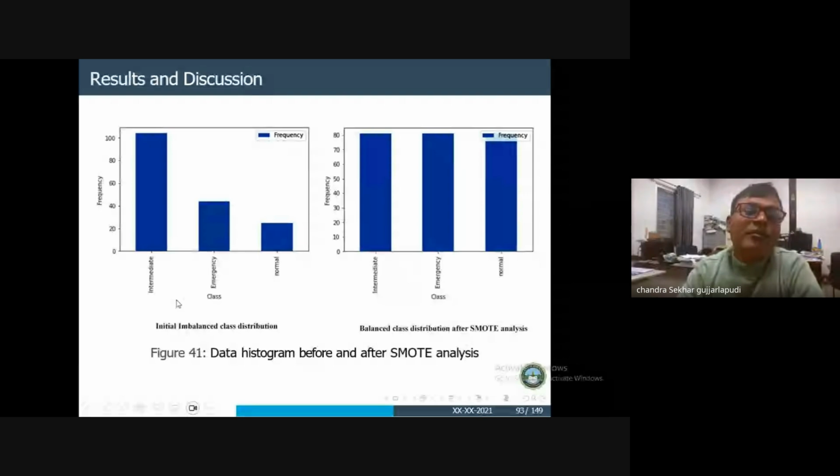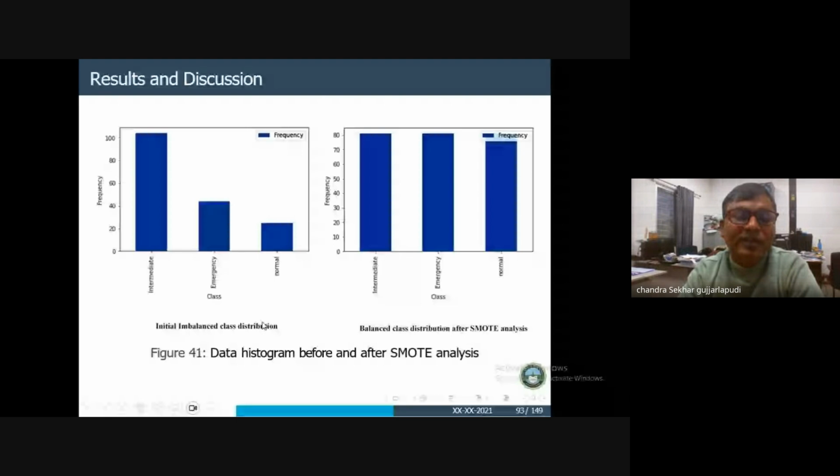And from this data set itself, we have seen that more than 100 data points come under the intermediate state, almost 50 data points are for the emergency state, and some data is there for the normal state. It is almost 30. This is about the initial conditions.